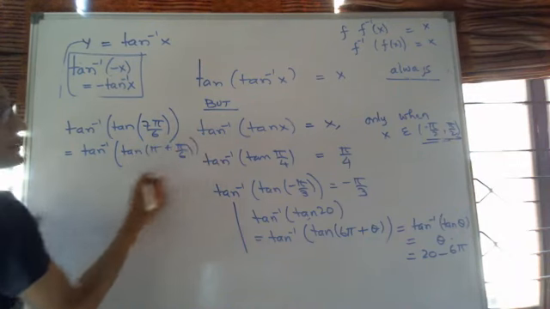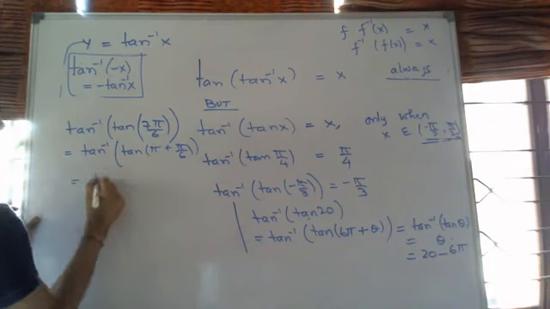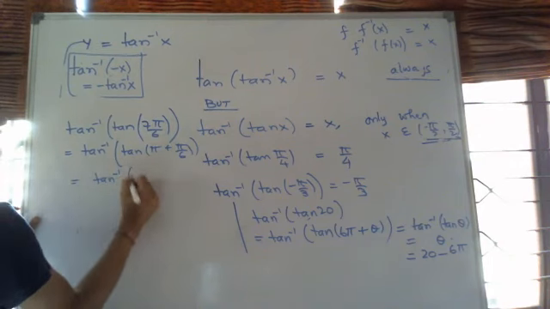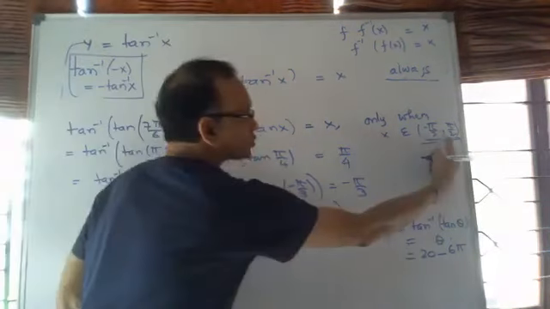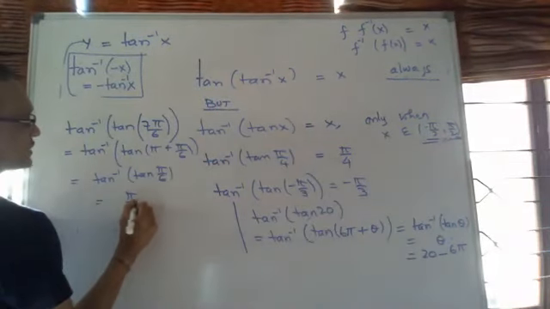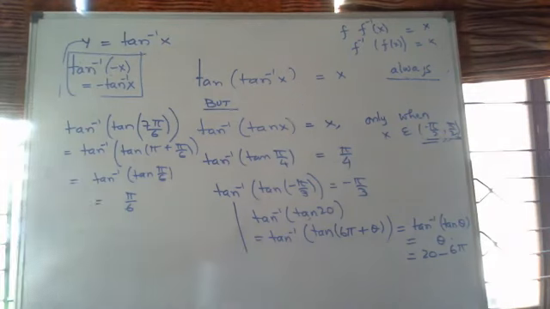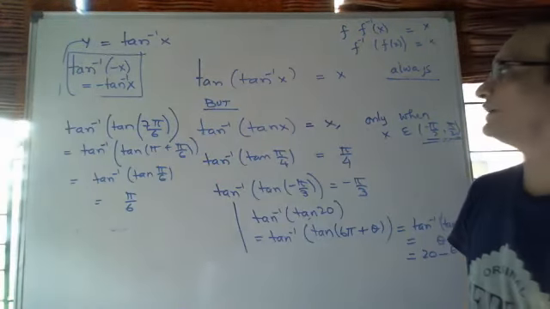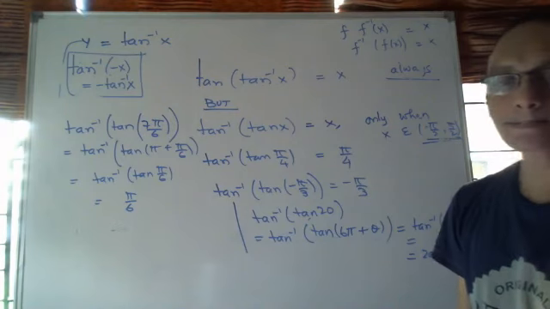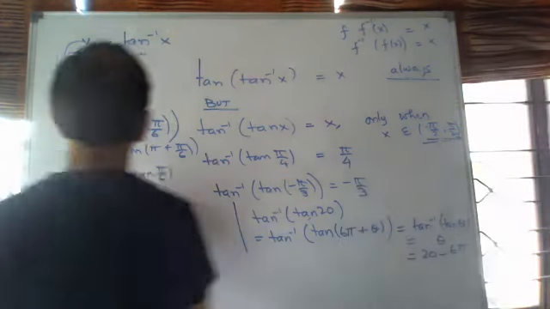Tan of pi plus theta is tan theta. Now look, pi by 6 belongs to this interval, so this will be pi by 6, right? All good?